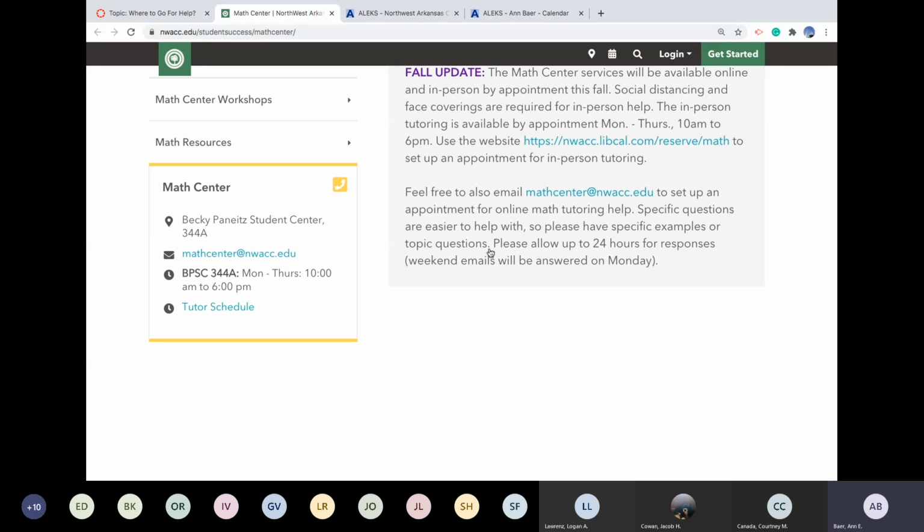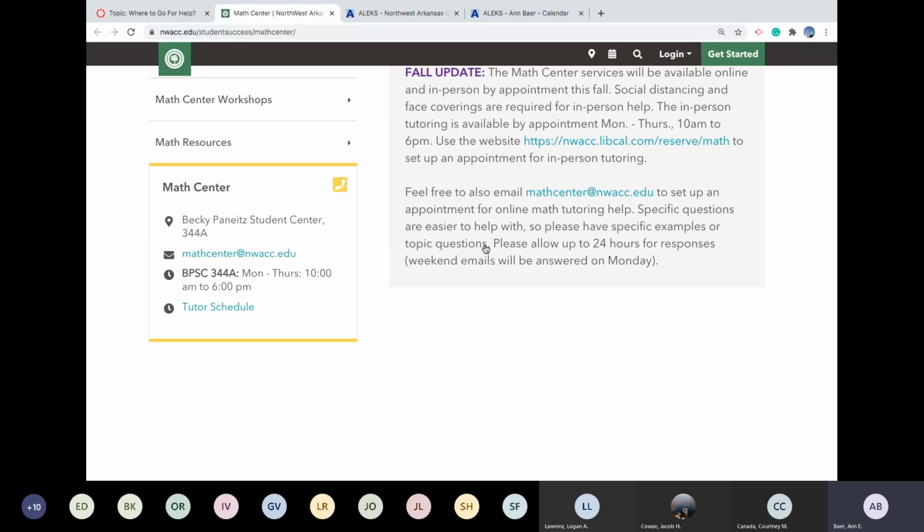So really, the Math Center is asking for the same thing I am asking of you, which is to be very specific about where you need help. If you're going to be virtual, it's going to be really tough for them. They're not going to be as inclined to write out an entire problem for you. They want to really try to get to the exact spot where you need the help.